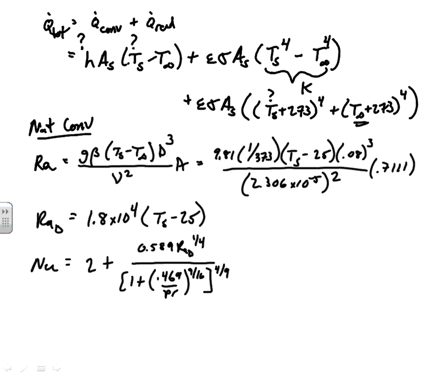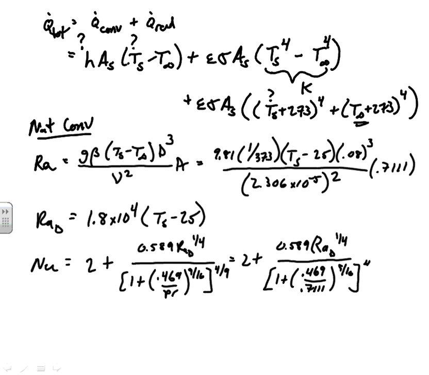Well, punch stuff in: 2 plus 0.589, the Rayleigh number based on the diameter to the 1/4, divided by 1 plus 0.469 over the Prandtl number, 0.7111, to the 9/16, to the 4/9. And the Nusselt number then is going to equal 2 plus 0.4546 times the Rayleigh number to the 1/4. Okay?